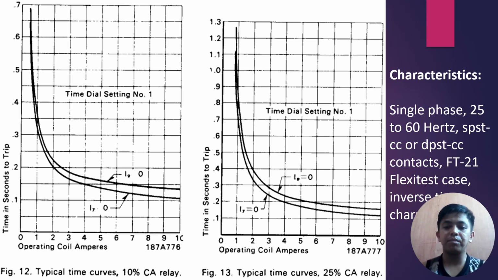For the same current, the 10% relay generally trips faster than the 25% relay, indicating its suitability for more sensitive applications. For example, in a residential setting with smaller loads, a 10% relay would ensure quick disconnection during a fault to protect sensitive electronics.